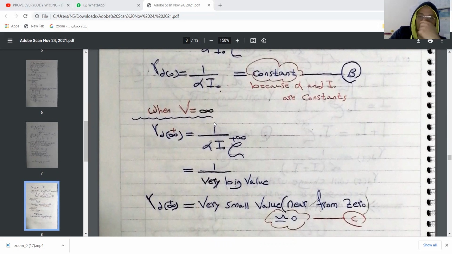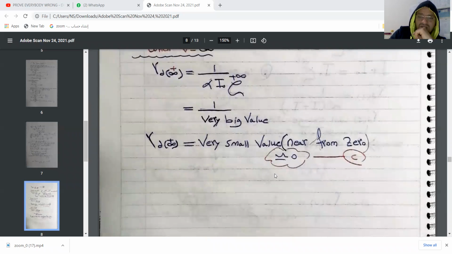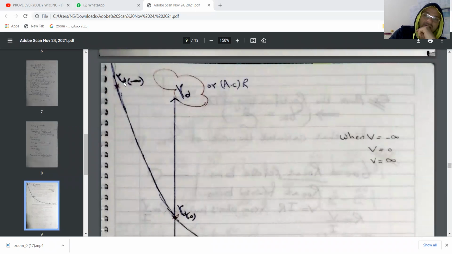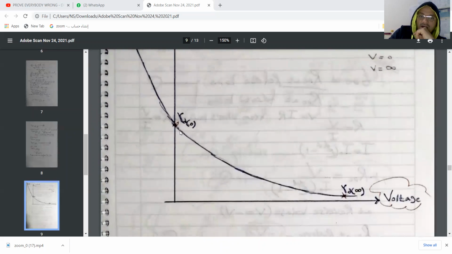That means it will be 1 divided over a huge number. When I put it above, it will be a very small number, near 0, so the curve is like that. Dynamic resistance at minus infinity will start from above, at the middle when V equals 0, and at the last, the dynamic resistance at infinity will be near 0.